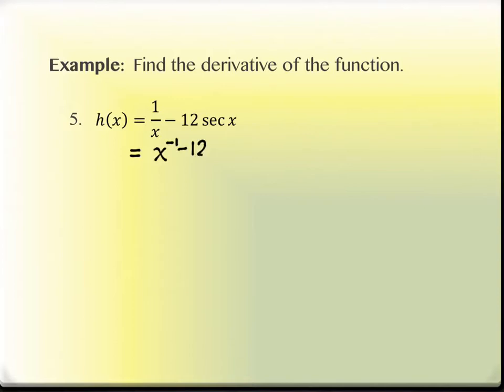So maybe you don't need to see it rewritten. You can just think it through in your head. I actually think that's one that is quite helpful for me to rewrite before I do it. So I usually will. But then I'm going to take the derivative. So what's the derivative of x to the negative 1? Negative x to the negative 2, or negative 1x to the negative 2, right?